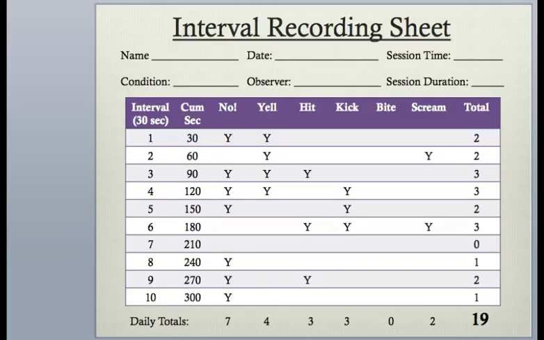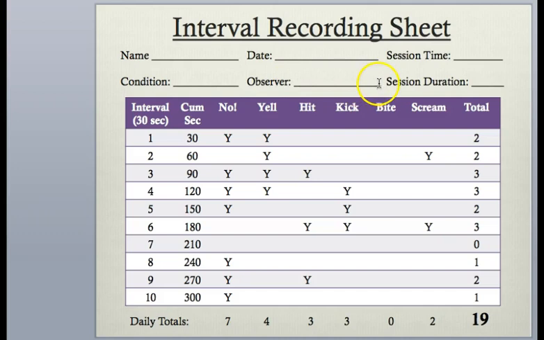Okay, so here is an interval recording sheet. I'm going to use my cursor to point things out. So here you would put the name of the client, the date, and what condition the individual is in. So are they in a baseline condition or are they in a specific treatment condition?